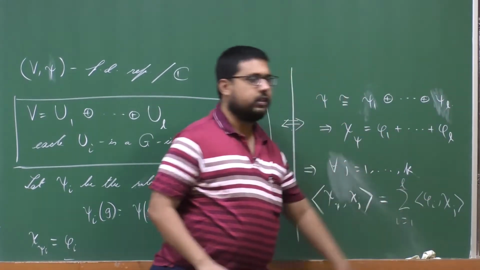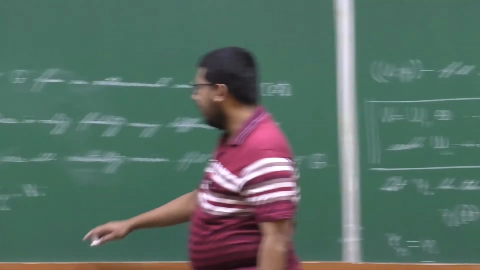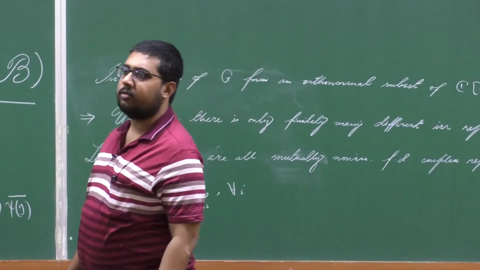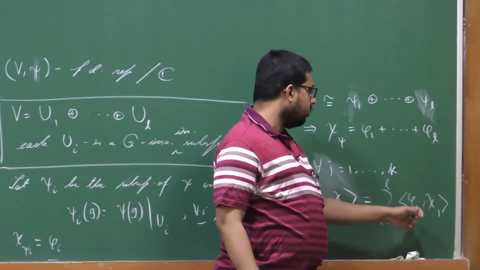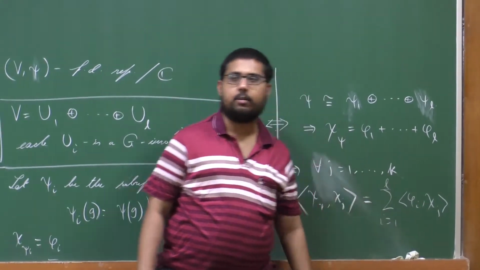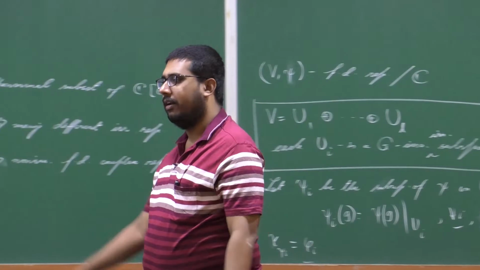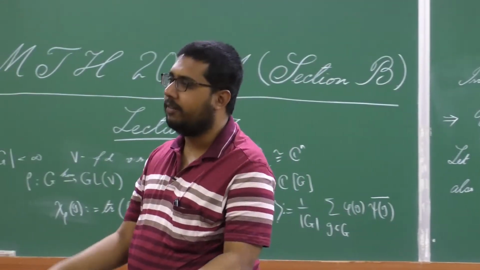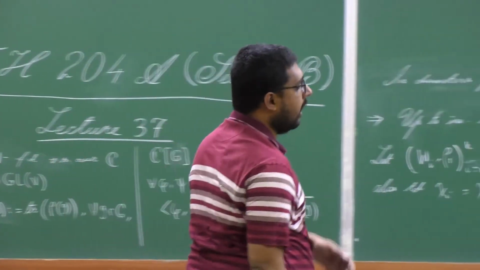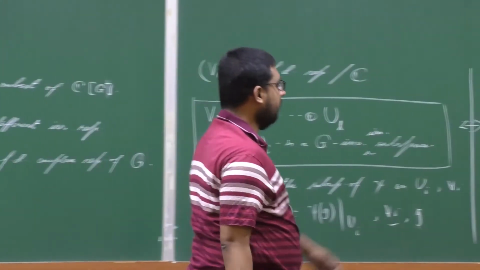So, what about each of these terms? By our assumption, all these chi i's are irreducible characters, and here phi i's are also irreducible characters. Therefore, any typical summand will be either 0 or 1. The terms which are 0 go away.